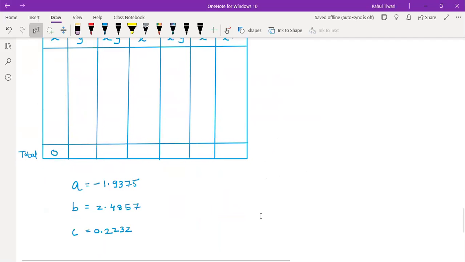So anyone got this answer? You can go to the chat box and write down your answer. Just type Y if you got the same answer. Very nice.